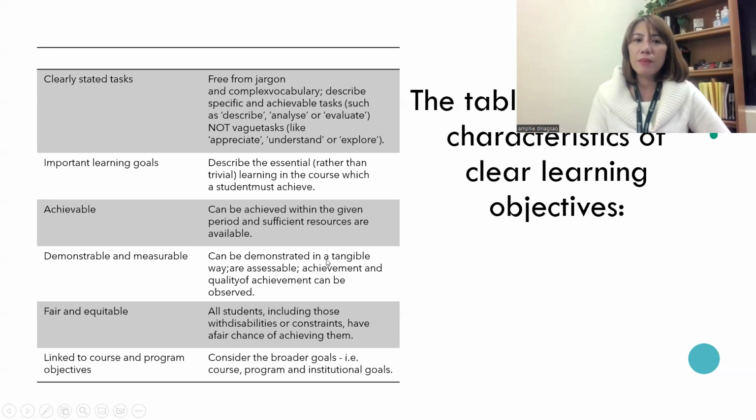For example, if I write the instructional objective, students will be able to appreciate, in what way can we determine that they did appreciate? That is something that may be vague. So is it fair and equitable? You can go back and stop the video if you want to read those.